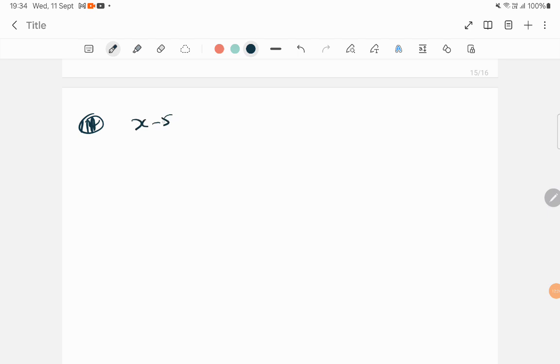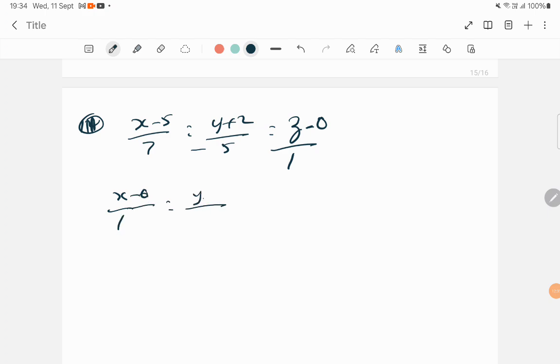So let's go to the next sum, which is the 11th question. (x - 5)/7 = (y + 2)/(-5) = z/1. What is the meaning of that? (z - 0)/1 is what it means. The next line is x/1, which means (x - 0)/1, then y/2, which is (y - 0)/2, z/3, which is (z - 0)/3. They are perpendicular to each other, and you need only these directions.